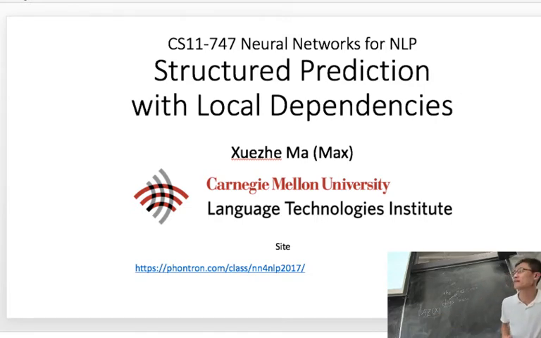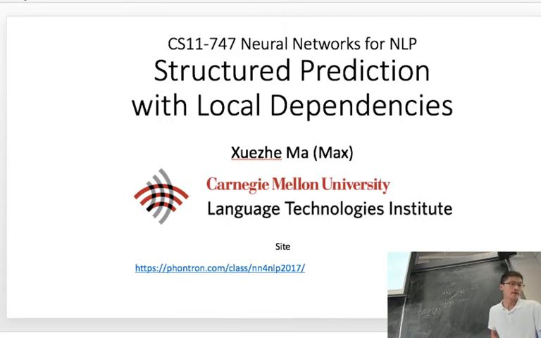This example shows how we can compute log C(x). At the first step, we compute the score of the first word with all possible POS labels. The score here is the transition score plus the state score.